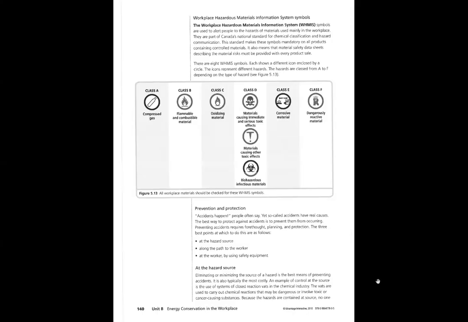Let me just double check and see how many current WHMIS symbols there are. We may have to look up some more online. And it says there are currently 10. So how many do you have? 1, 2, 3, 4, 5, 6, 7, 8. So let's just pause for a minute. I'm going to go over and find current WHMIS symbols, and we'll look through the ones that are online right now.